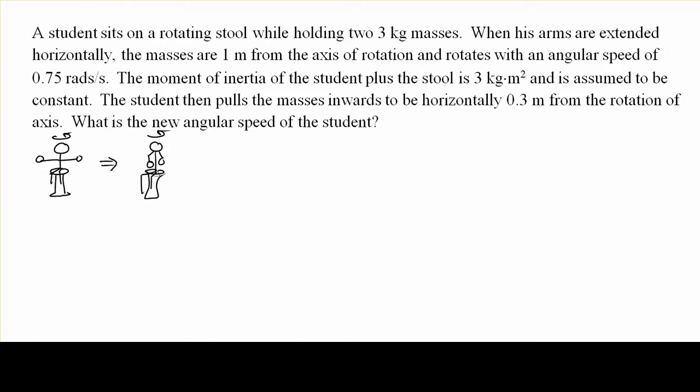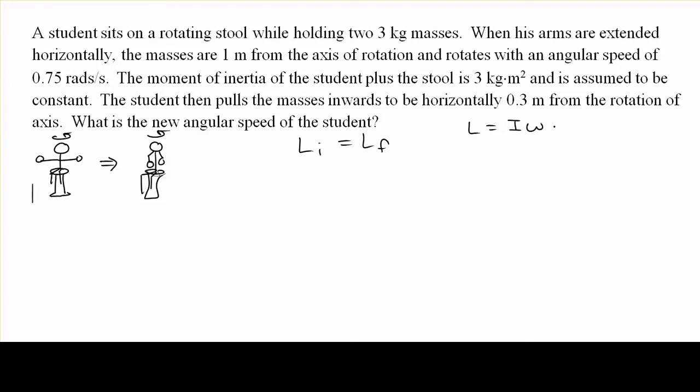We know from conservation of angular momentum that if my mass distribution changes as I'm rotating, that is going to result in a change in my angular velocity. So the first thing we need to look at is my initial angular momentum, and that is going to be equal to my final angular momentum. If we recall a few equations, angular momentum is equal to a moment of inertia times the angular velocity.